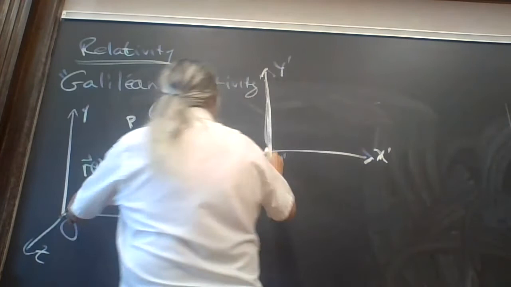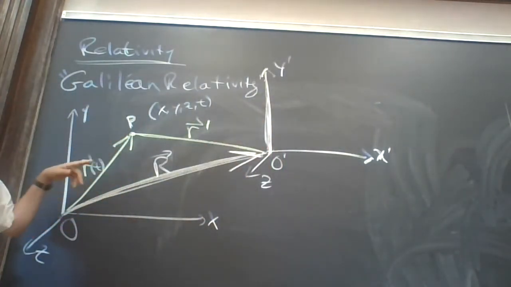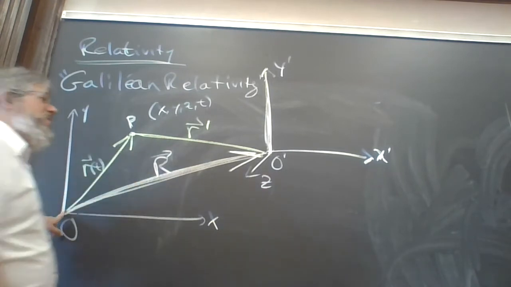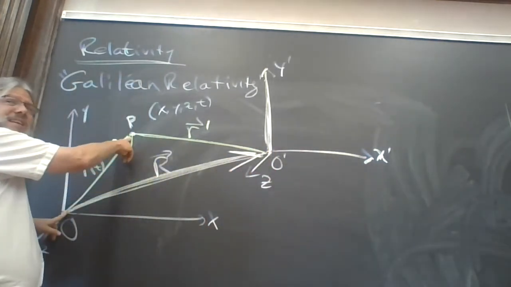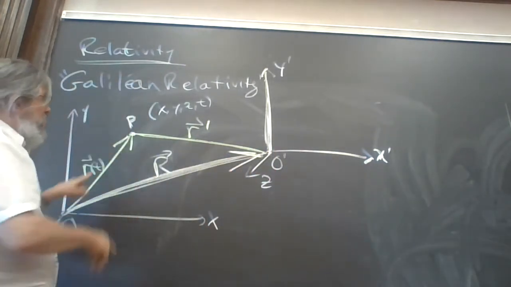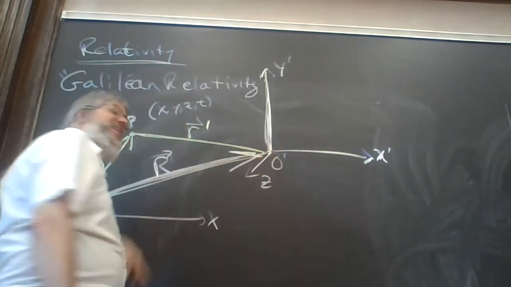I basically said two arbitrary coordinate systems are displaced at some particular time. The displacement between the coordinate systems is big O, the position of the particle I'm interested in is r, and the position of the particle as seen by the other coordinate system is r prime.